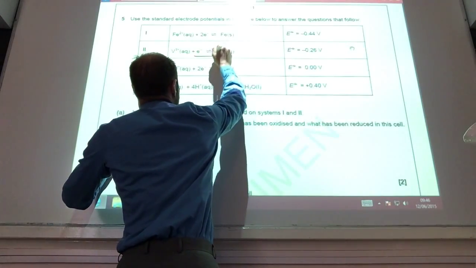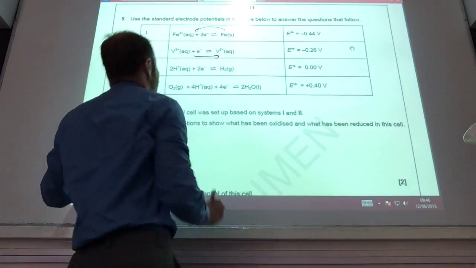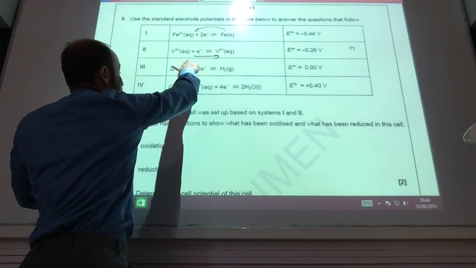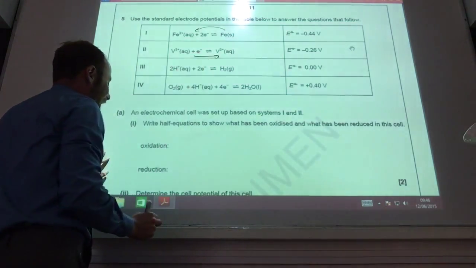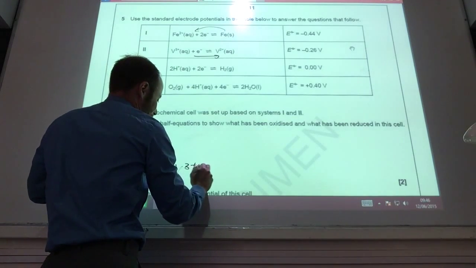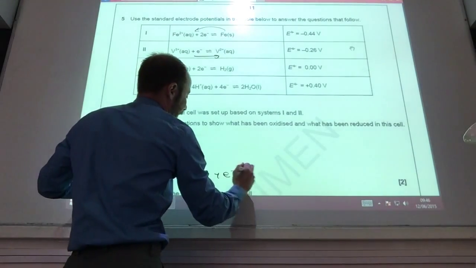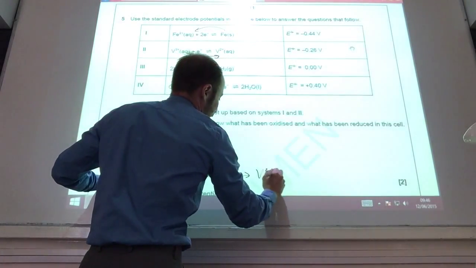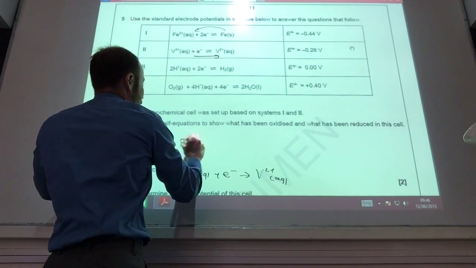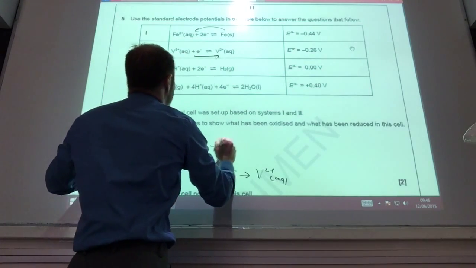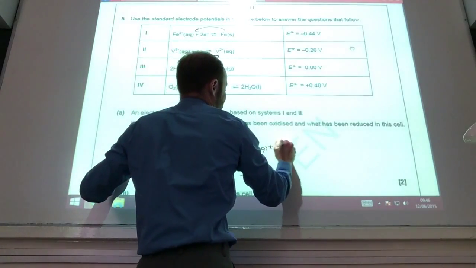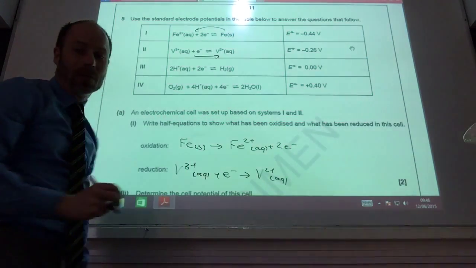So that's going to go that way, and that's going to go that way. Vanadium 3 plus is therefore being reduced because it's gaining an electron. So the reduction is V3+ aqueous plus an electron becoming V2+ aqueous. The oxidation is loss of electrons, which will be iron becoming Fe2+ aqueous plus 2 electrons, like so.